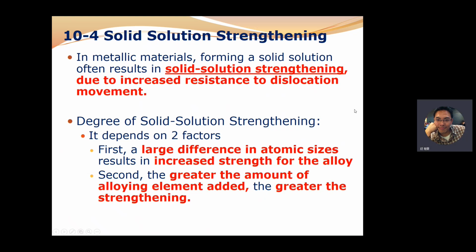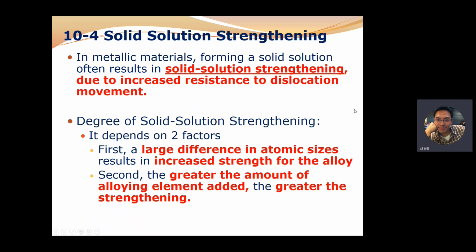So you can think about why the difference in atomic radius is able to increase the material strengthening. Why? You have to explain the mechanism. And you also need to explain why a greater amount of alloy element added gives greater strengthening.